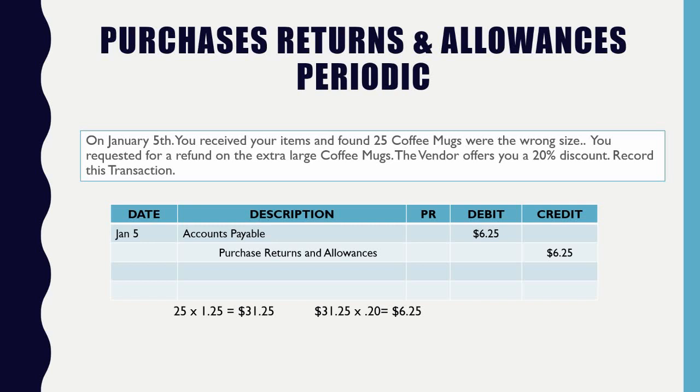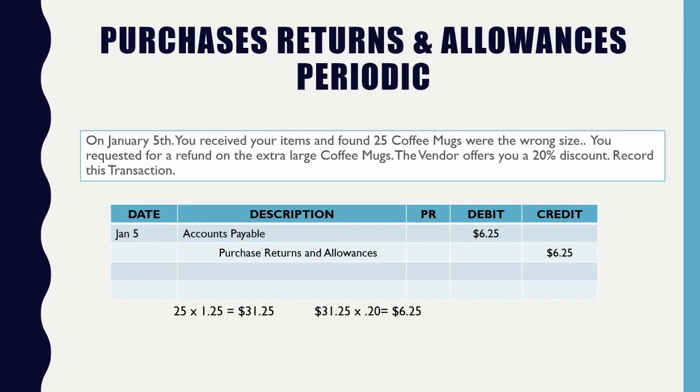Okay? So for this kind of scenario, do not confuse purchase returns and allowances with a purchase discount. Even though it says right here that the person offered us a discount, you have to understand that this discount isn't for everybody.